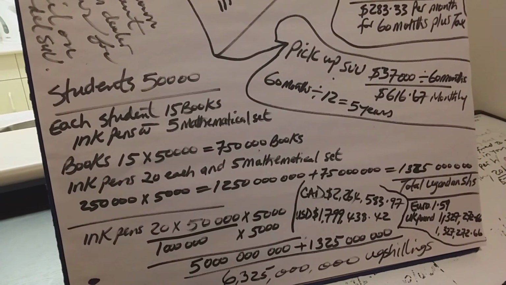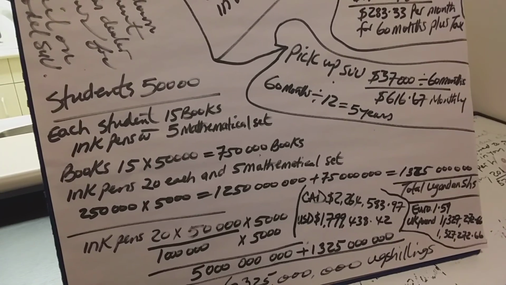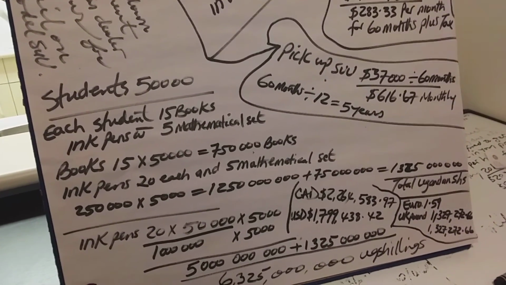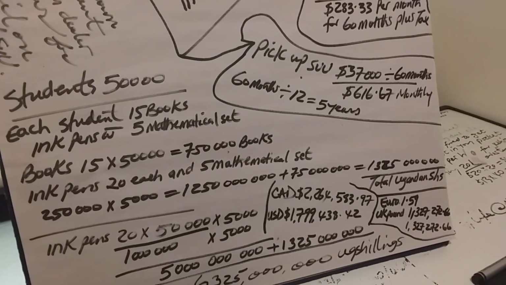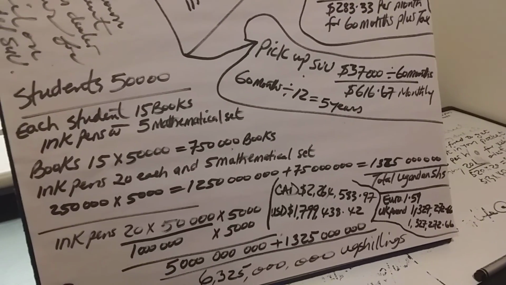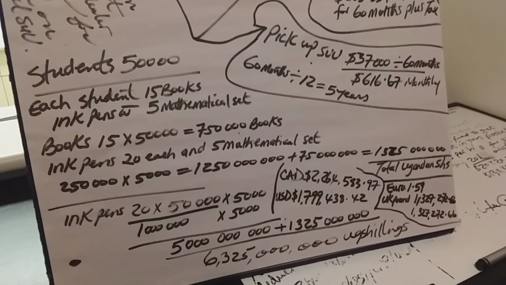That is 250,000 times 5,000, roughly 1,250 million, plus 75 million, which is roughly 1,325 million Ugandan shillings.